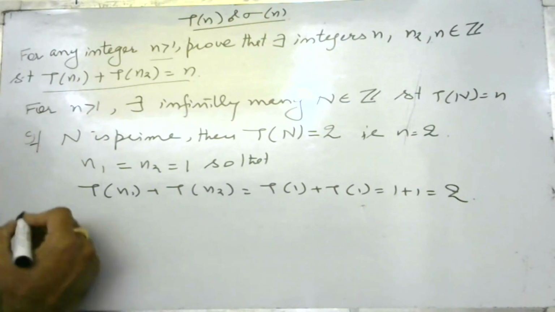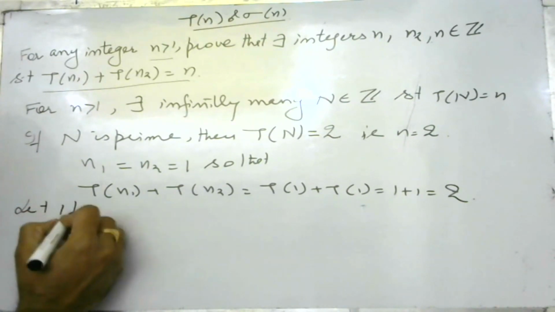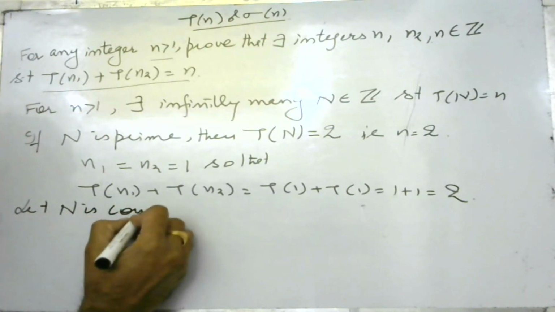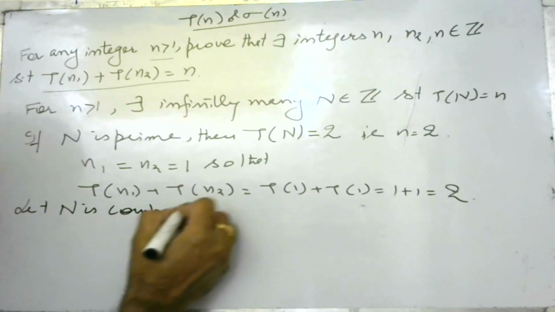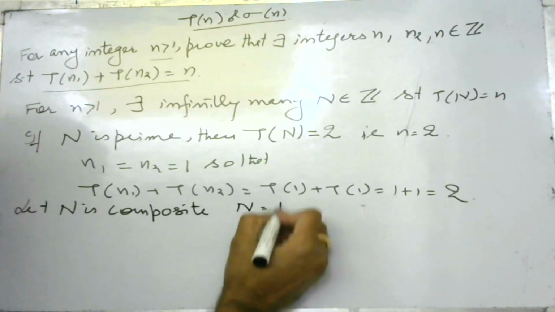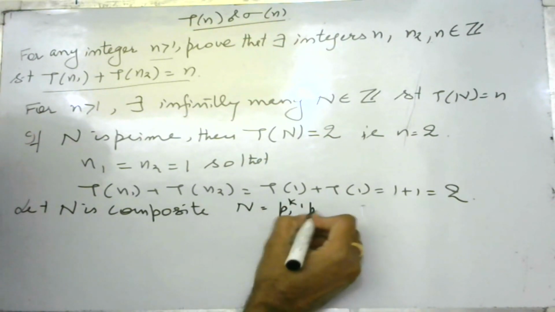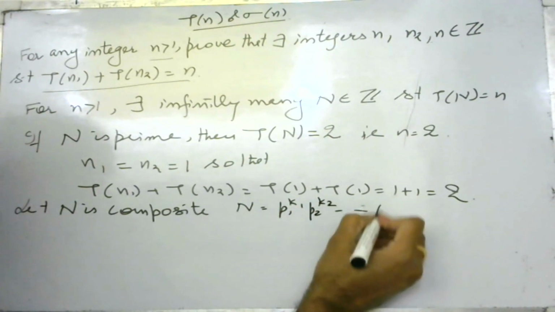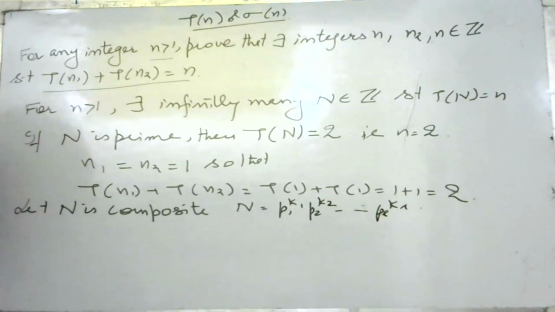Now the next part, let n be composite. Let its prime factorization be p1 power k1, p2 power k2, ... pr power kr.